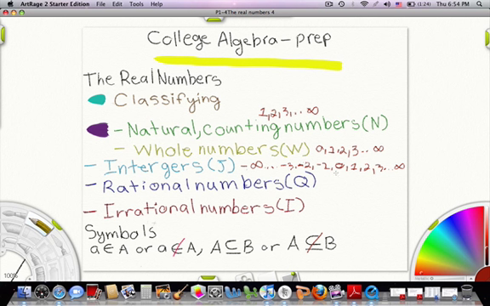And rational numbers take the form of any fraction, for instance 1/2, 2/3, 3/4, usually denoted by a over b, where b does not equal 0.